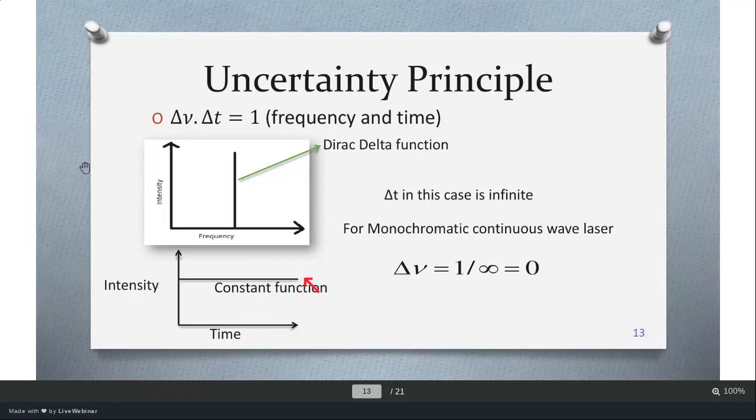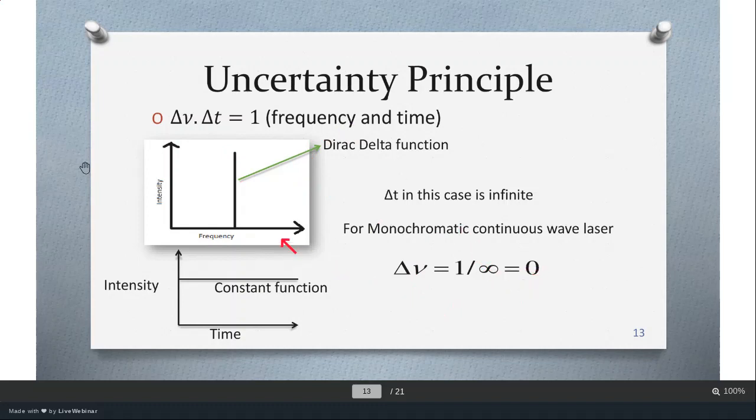So you can insert this time in the uncertainty principle as infinity, and calculate that delta nu comes out to be 0. This is exactly what is happening: at one particular frequency the graph is shooting up and it has a width of 0. There is no width to this line. This is already predicted by the uncertainty principle.